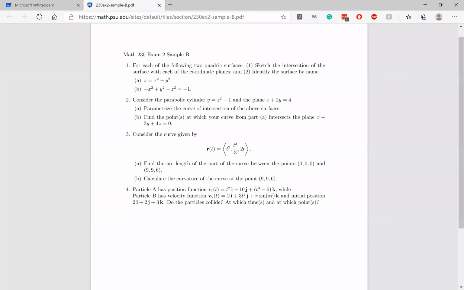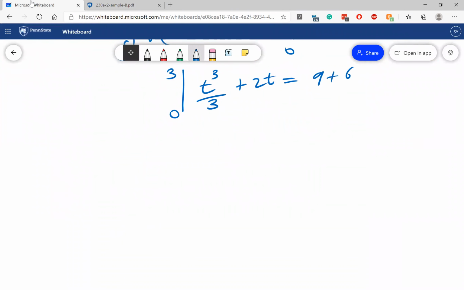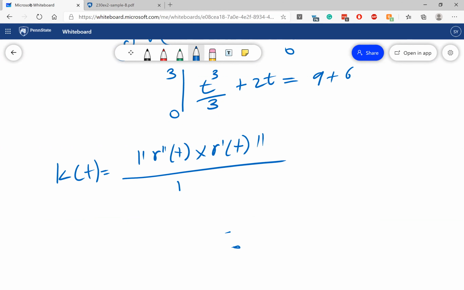Okay, so going back here, calculate the curvature of the curve at this point. So the curvature we know is the magnitude of r double prime of t cross r prime of t over the magnitude of r prime of t cubed. So we need to figure out what r prime of t is.